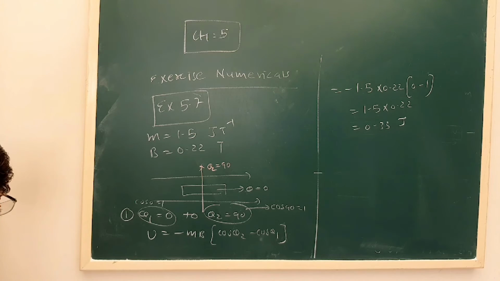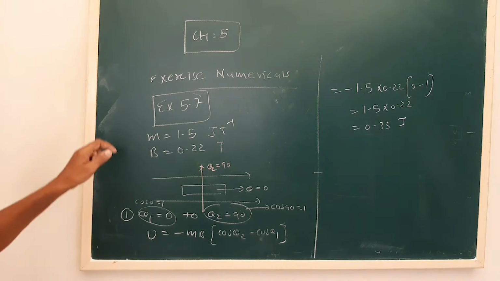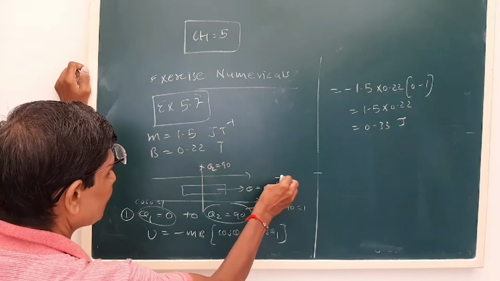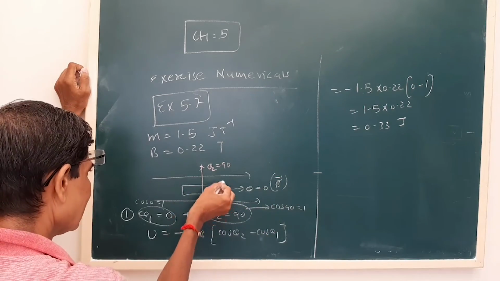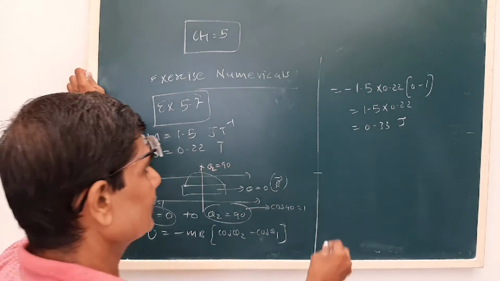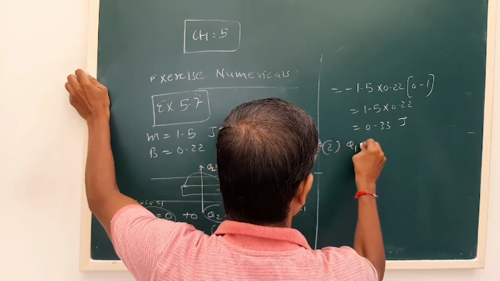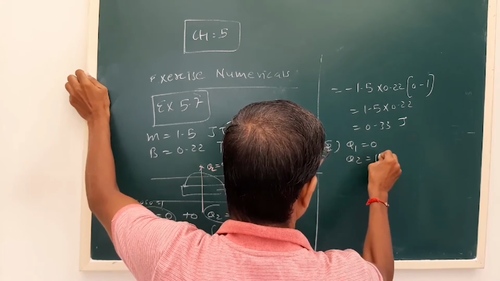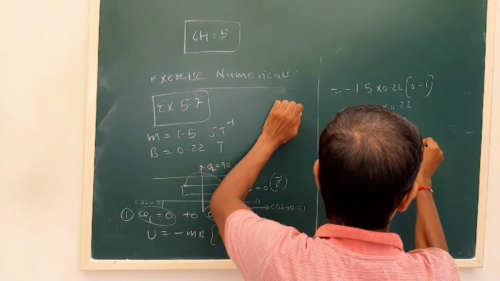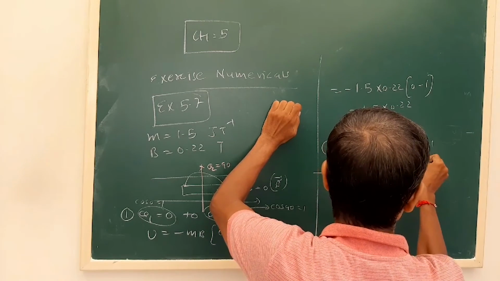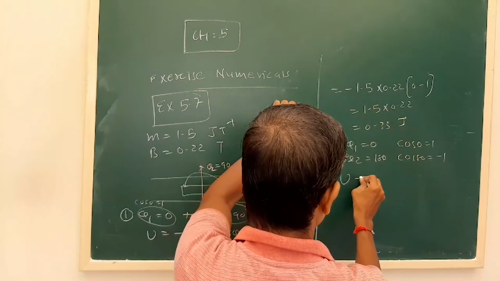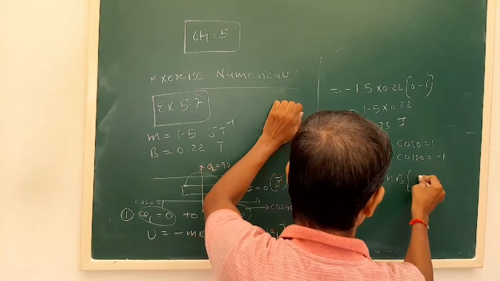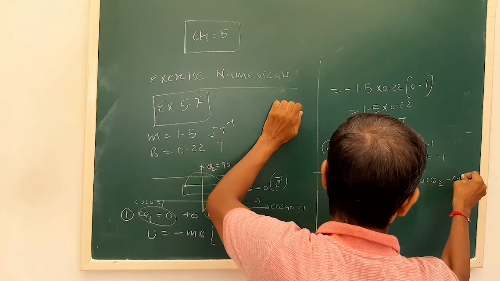Secondly, first it was in the direction of the field, which is a uniform magnetic field, now the opposite direction. So in that case theta 1 will be 0, theta 2 will be 180, cos 0 is 1, cos 180 is minus 1. Again U is equal to minus mb (cos theta 2 minus cos theta 1).